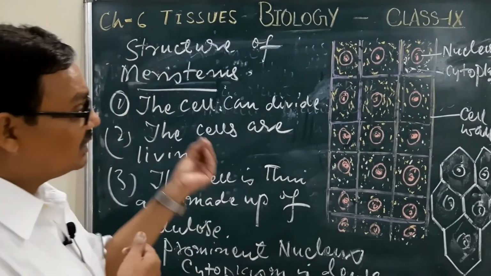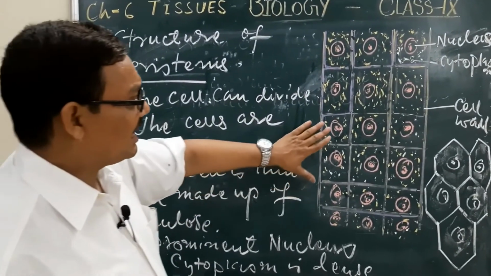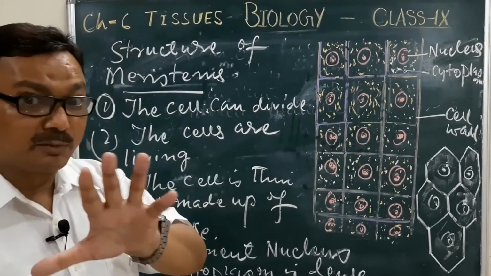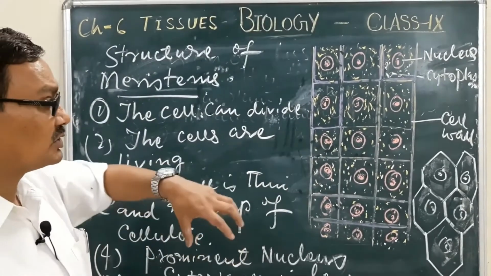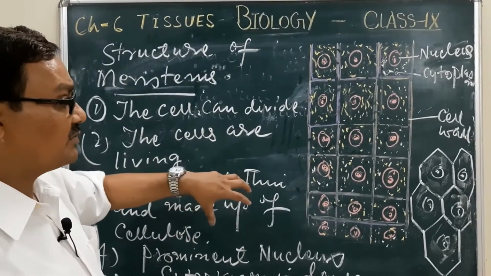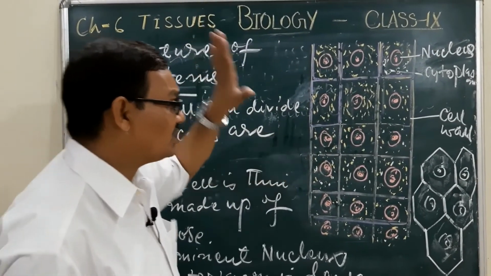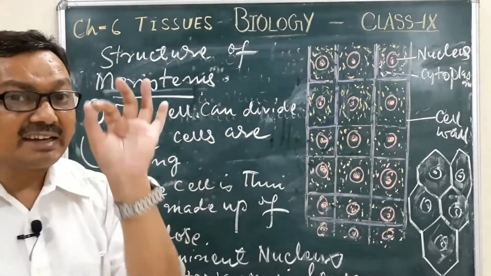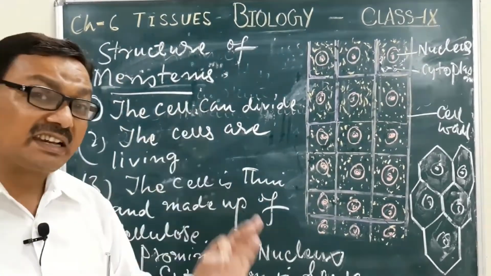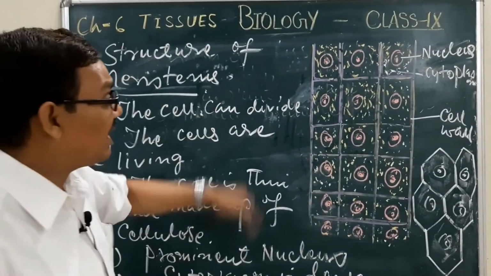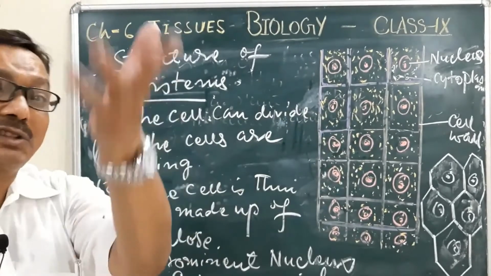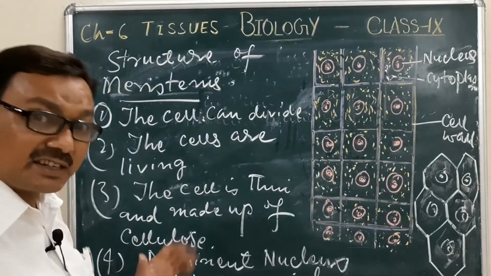It is to be thought that the cell sap which is present within the vacuoles may give turgidity and may give rigidity to the cell, and it can create hindrances in dividing the cell. That is why vacuoles are not present. Understand?